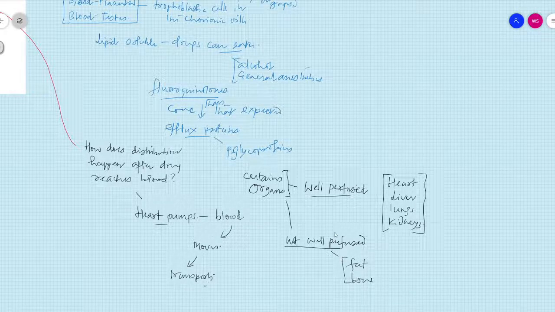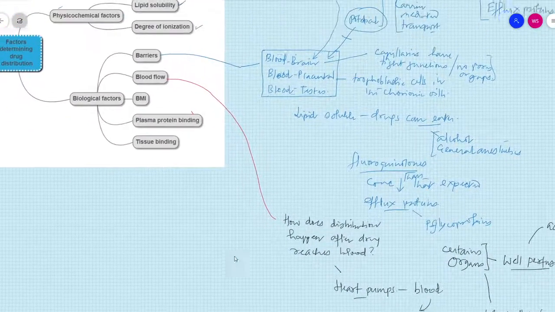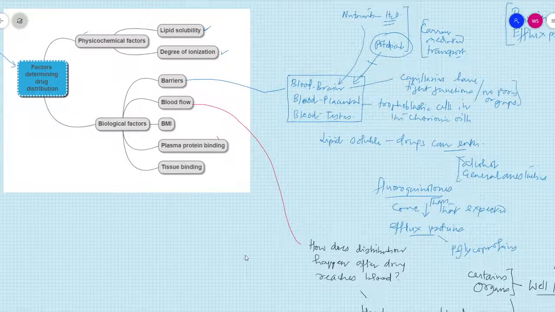The well perfused organs tend to accumulate drugs more than the poorly perfused tissues. So the rate of blood flow is a factor that determines drug distribution.